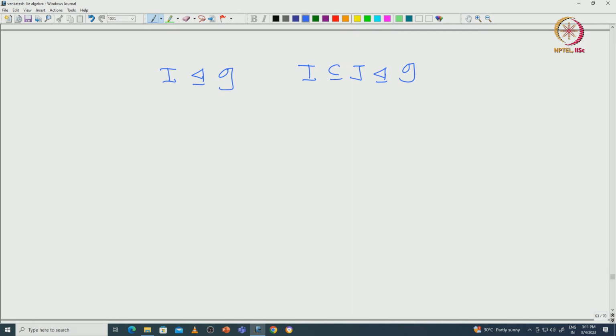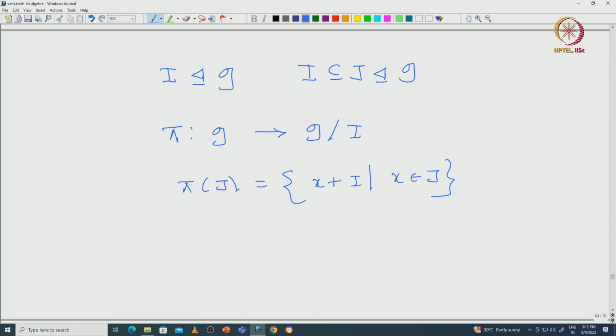Now you can ask the question: what will happen to the image of this J? You have this quotient map from G to G modulo I. The image is nothing but all possible x plus I such that x is coming from J. In shorthand notation one can just write this as J modulo I. Since J is an ideal inside G, can we say something more?